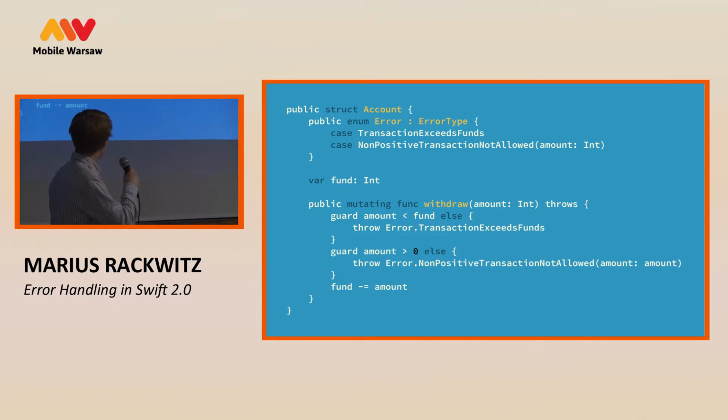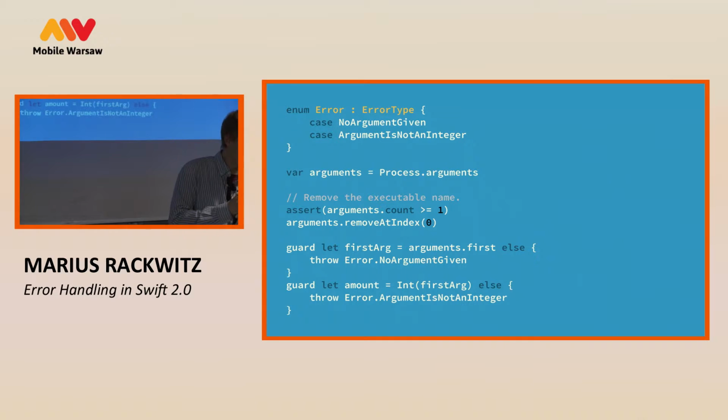So if the transaction amount is too high, then the first error case is thrown. And to make a whole program out of it, here's some further code around it, where we see some further demonstration of how it can be used, and also, as explained, the unwrapping of optionals with guard statements.